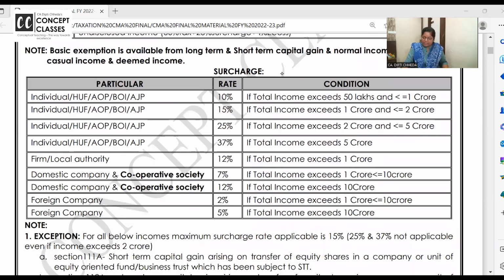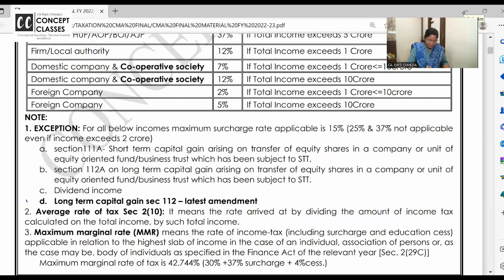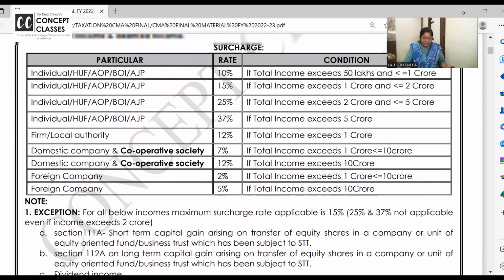Okay, there is a very important amendment in surcharge, already covered in this 4th point. Did you observe one thing in your workbook, that all the amendments are given in bold and marked latest amendment? Now what is that?